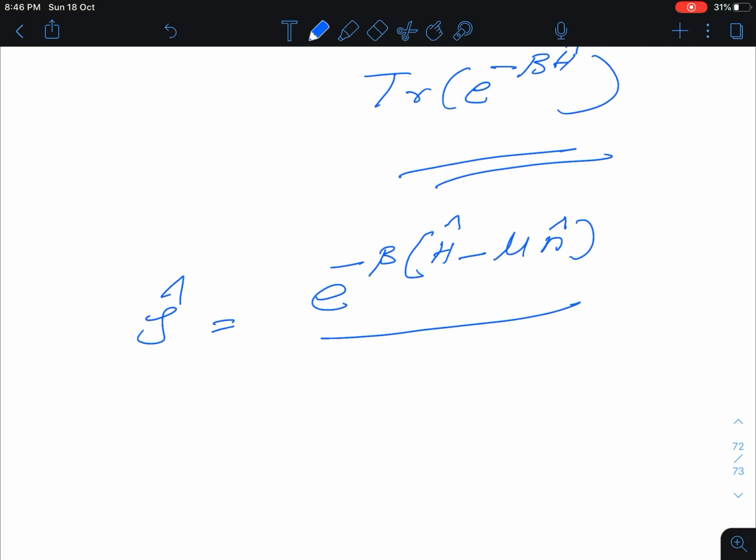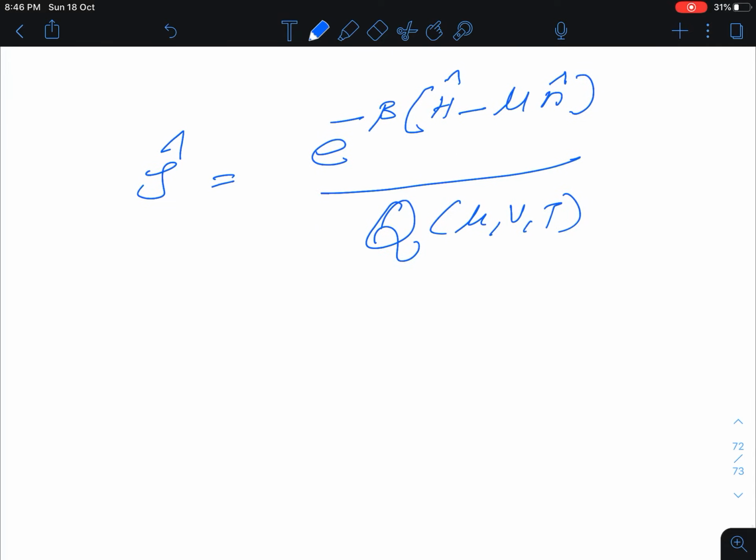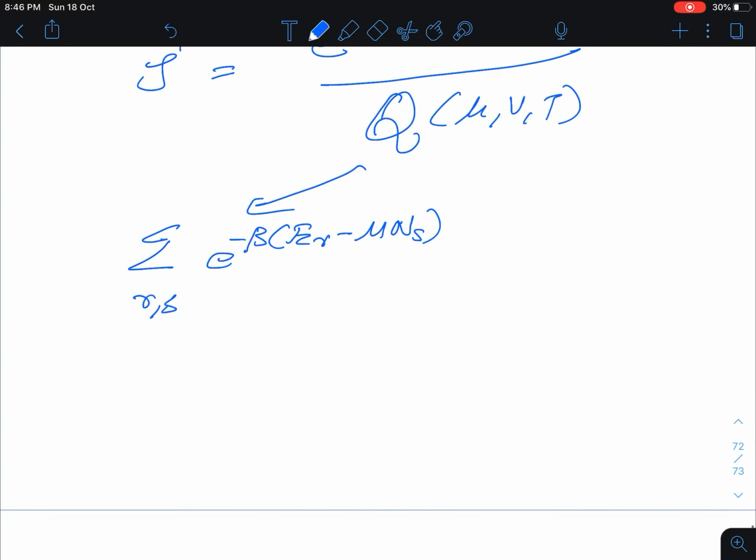So here the grand partition function Q is a function of mu, V and T. It is simply the summation over states of e raised to minus beta E_r minus mu N_s.